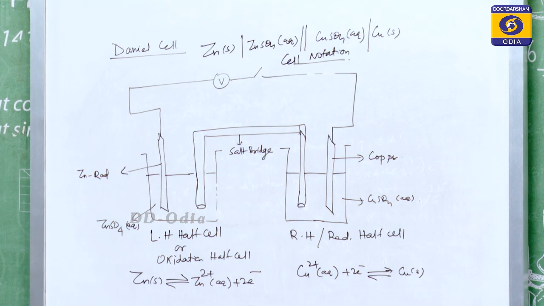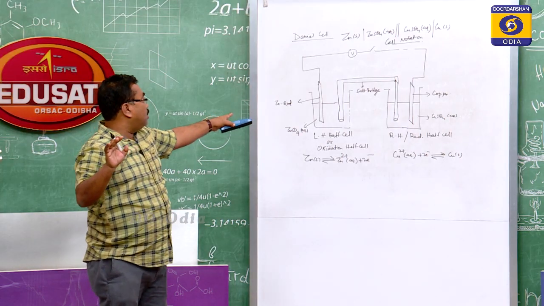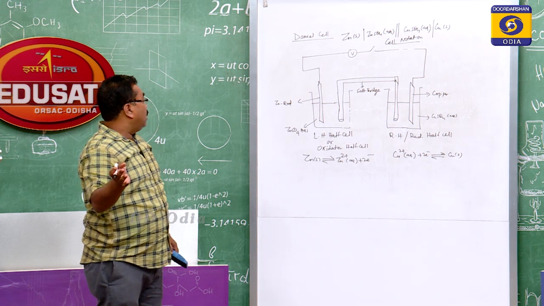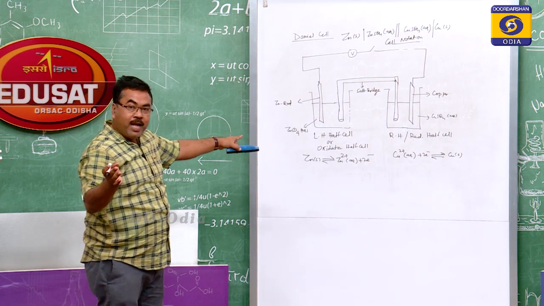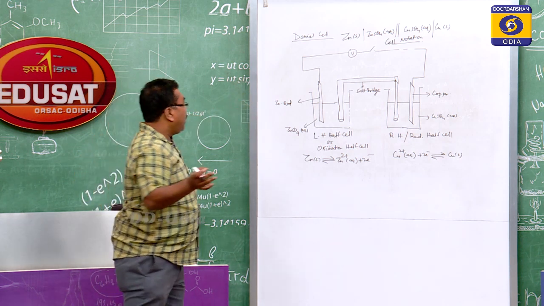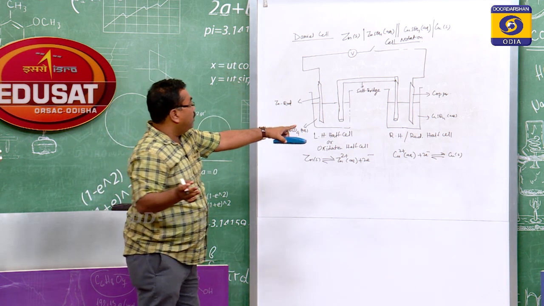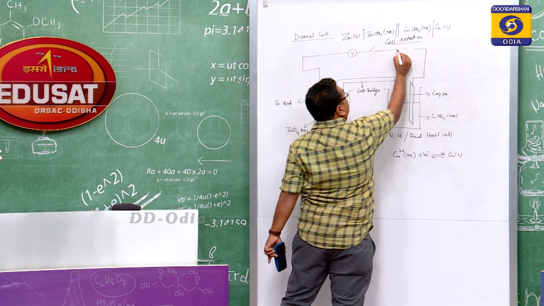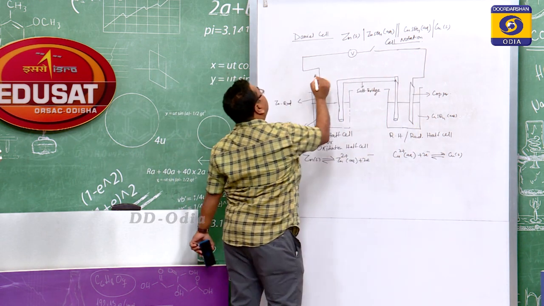So, what happens when the switch is made on? The zinc goes into the solution as zinc ion and gets oxidized, while the copper ions receive the electrons and get reduced to copper and get deposited on the copper strip. So, this is the working.